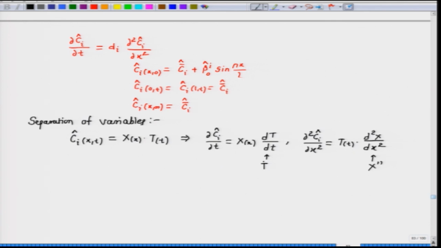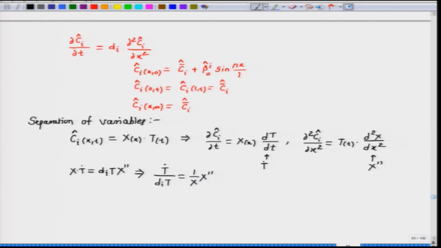So if we substitute this in the diffusion equation, what we see is X times T dot equals di times T times X double prime, and if we rearrange we get T dot over di T should be equal to 1 over X times X double prime.